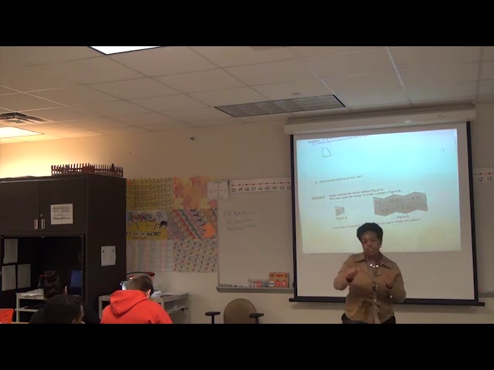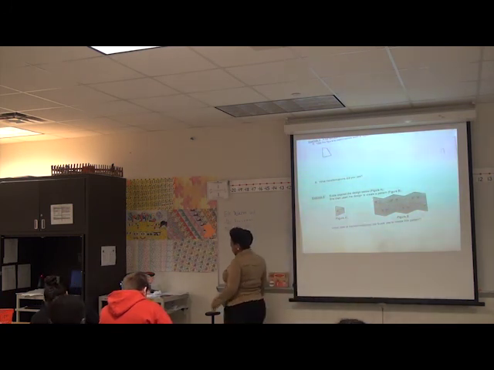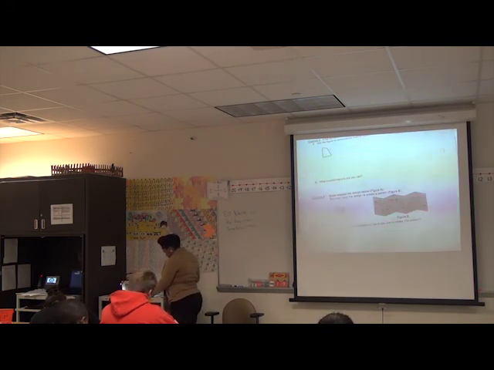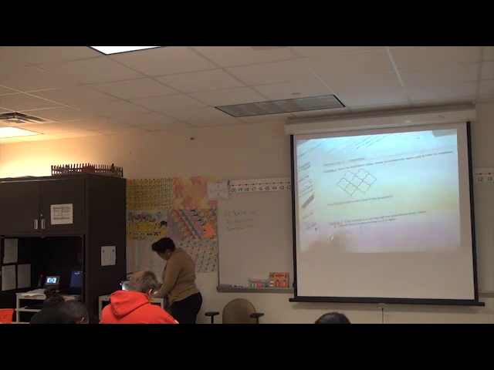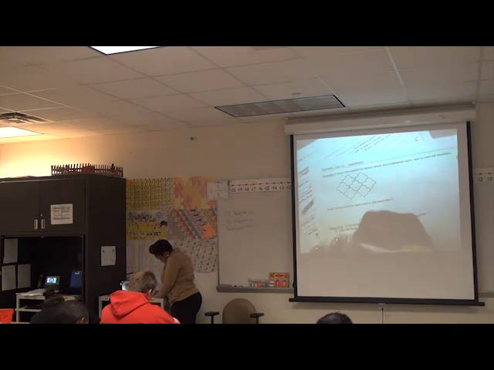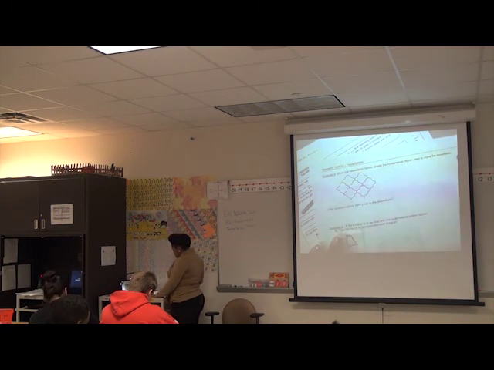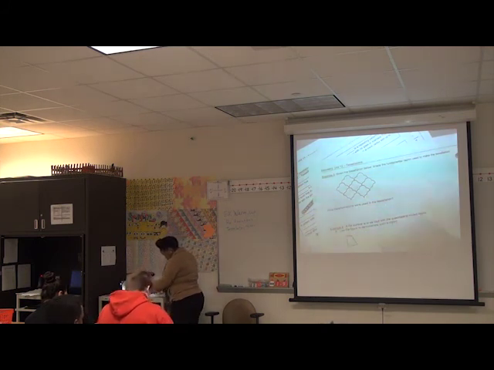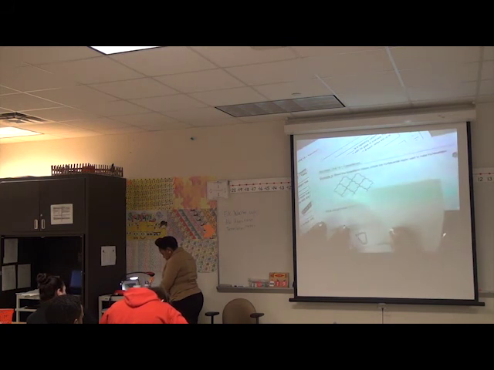So go ahead and trace it on the rough side. So once you traced it, it wants you to tessellate the picture. So that means all you're going to do is take it and do different things with it in order to get it to repeat. Like for instance, if I wanted to turn it that way, I can do that image and then turn it again and repeat it.